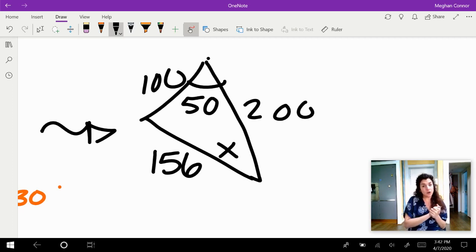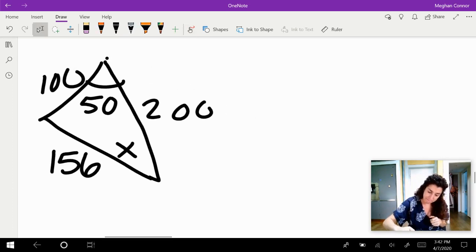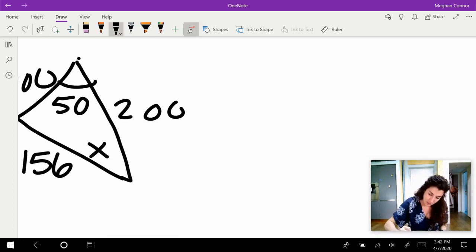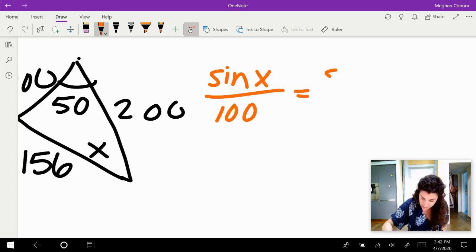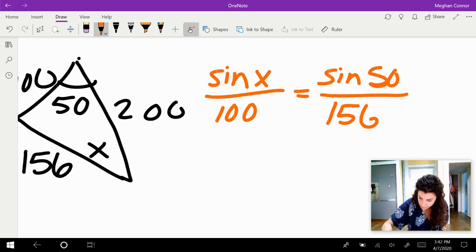I could use the law of cosines here. I'm not going to. I'm going to use the law of sines instead. So I'm going to do sine of X over its opposite side length, which is 100, equals sine of 50 divided by its opposite side length. I'm going to multiply both sides by 100.